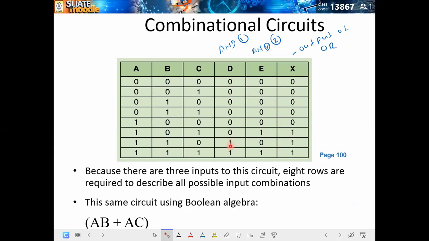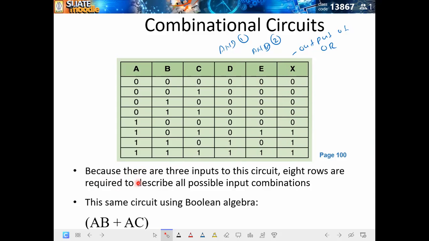Here D is 1, E is 0, so therefore the output of the OR gate is 1. Here both are 1, definitely the output is 1. You know an OR gate behaves so that if any of its inputs is 1, the output is 1. So we can fill this line too, right?